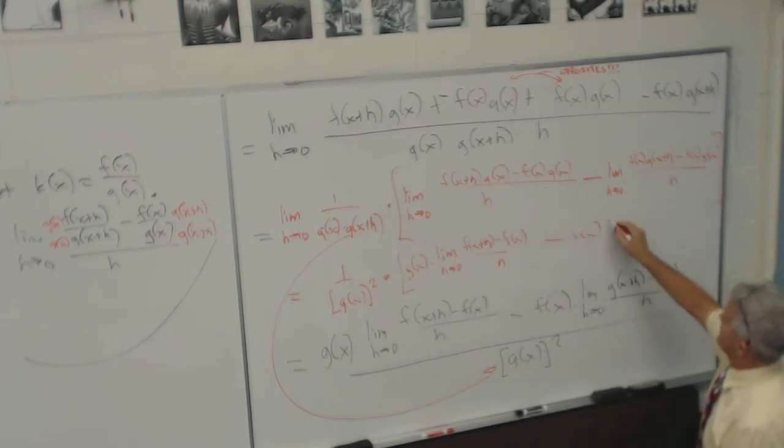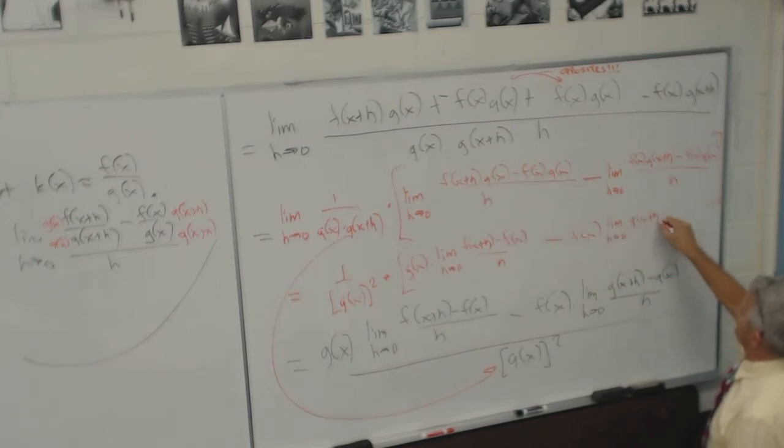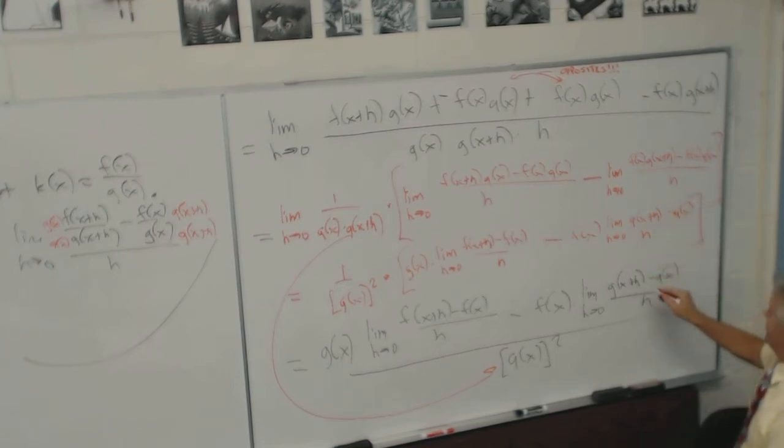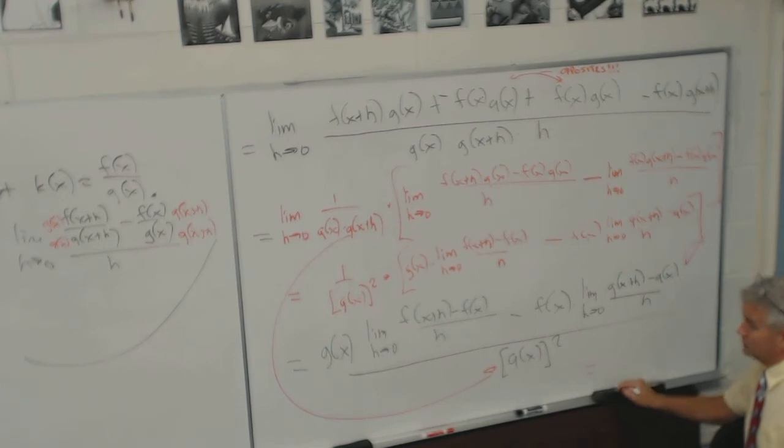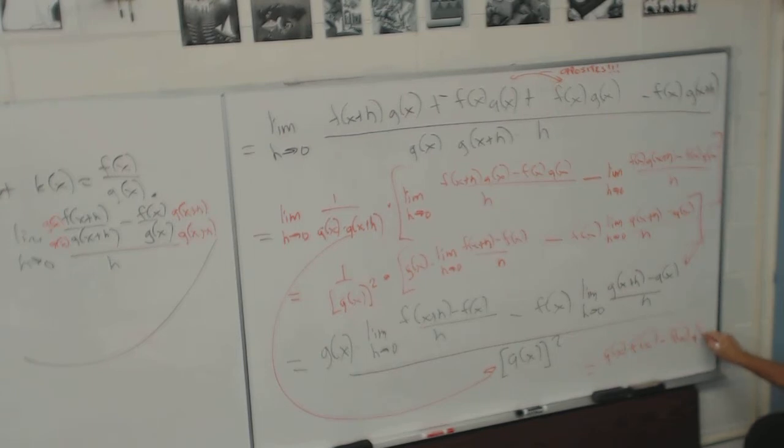The f of x, and we're left with the limit as h goes to 0 of g of x plus h minus g of x over h. And that's it. Because this equals g of x, f prime of x, minus f of x, g prime of x, over g of x, the quantity squared.